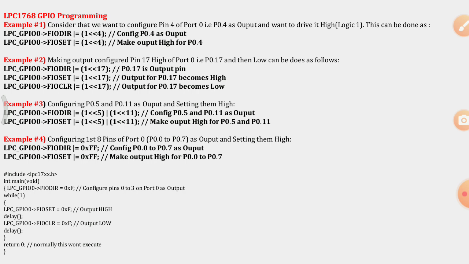Then, while(1) continuously executing, LPC_GPIO0 FIOSET sets these 4 pins. Then after some delay, LPC_GPIO0 FIOCLR 0xF clears all these pins. After some delay, repeat the while loop again.